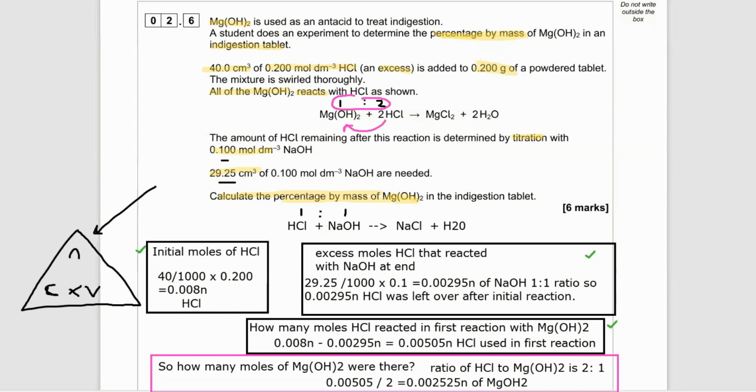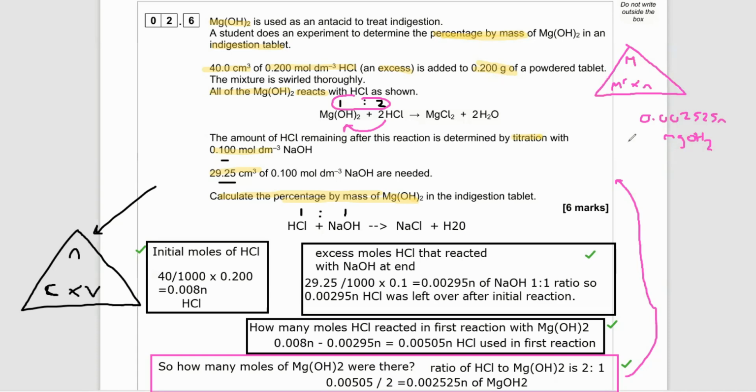So now we know our moles of magnesium hydroxide. We now need to find the mass of magnesium hydroxide so we can work out the percentage of it in the 0.2 gram powder tablet. I'm running out of space, so I'm just going to come up here and write your moles mass equation. So that is mass over the MR times moles. I want to find out the mass, so I'm going to do 0.002525. That's the moles of magnesium hydroxide, and I'm going to times it by the MR. So do 24.1, or just 24 for magnesium, and then add it to oxygen and hydrogen, which is times by 2.